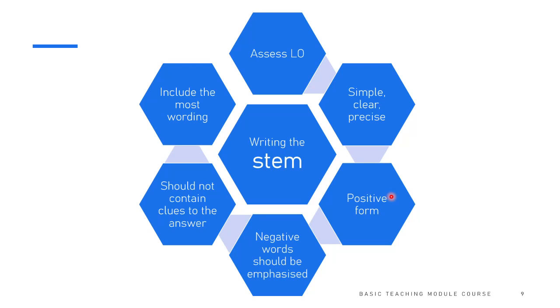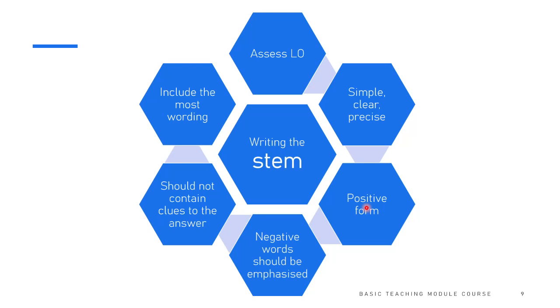So instead of asking which of the following is not part of the Prime Minister's office, where your main idea is to have students identify the parts of the office of a particular institution, you just say which of the following is among the offices under the Prime Minister's office, for example. That is what we mean by positive form.